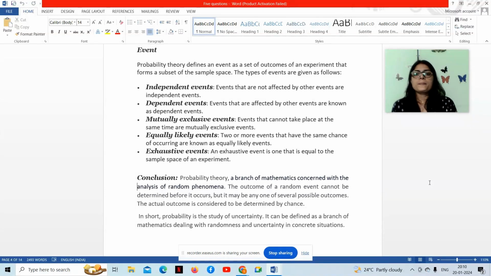We can just focus on some possible outcomes. The actual outcome is considered to be determined by chance. So basically probability is all about uncertainty, and it can be defined as a branch of mathematics and statistics that deals with randomness and uncertainty in concrete situations.